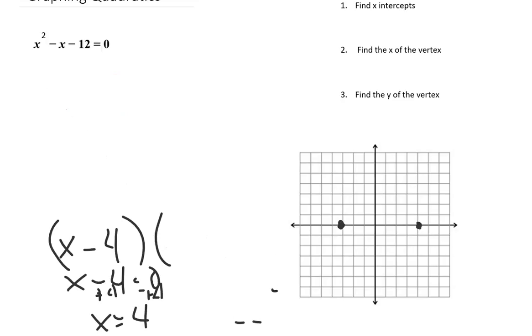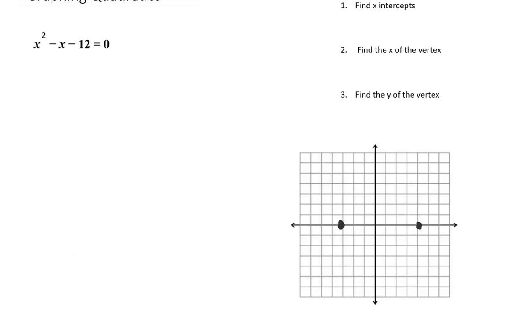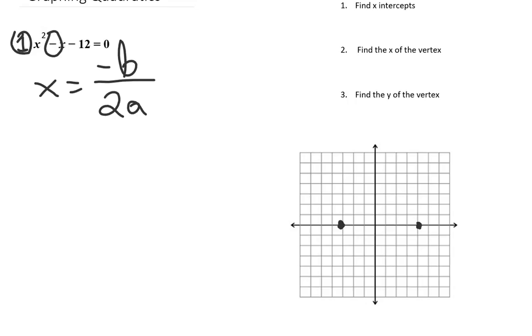So if I get rid of my factoring and solving, now let's find the vertex. To find the x position of the vertex, we use a formula, and parts of it can be similar to the quadratic formula. But all it is is negative b divided by 2a. So in this case, my a value, which is in front of x squared, is a 1. My b value is a negative 1.